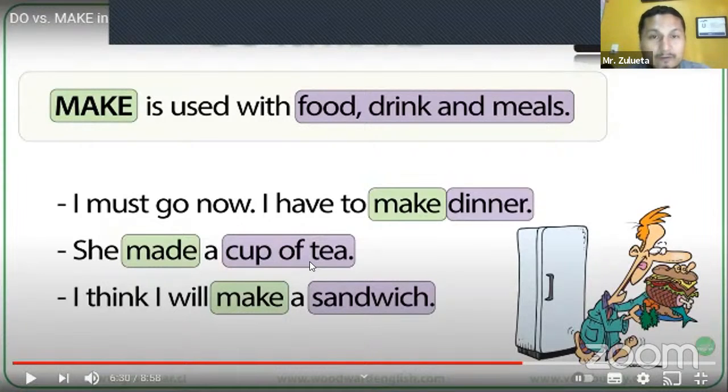So there is a thorough process to make a cup of tea. All right, so from the beginning, basically. So food, drinks, and meals. Remember, meals is a specific food. For example, breakfast, lunch, dinner. Those are the meals, all right? Let's continue.